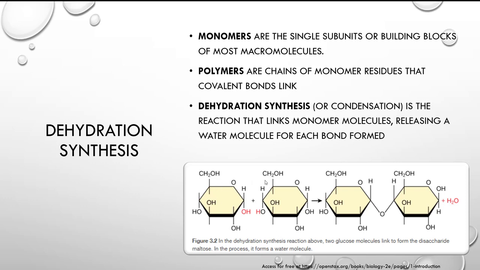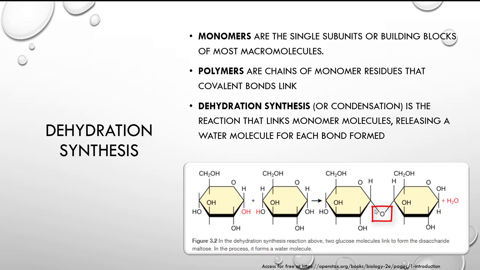in this case 2 glucose molecules, together to form a covalent bond. You can see how the 2 glucose molecules are situated. In this reaction, they're going to be brought together and the hydroxyl group of 1 glucose molecule and the hydrogen of another glucose molecule will bind together to form a water molecule. That will allow this oxygen to bind to the carbon end to form our covalent bond right there.